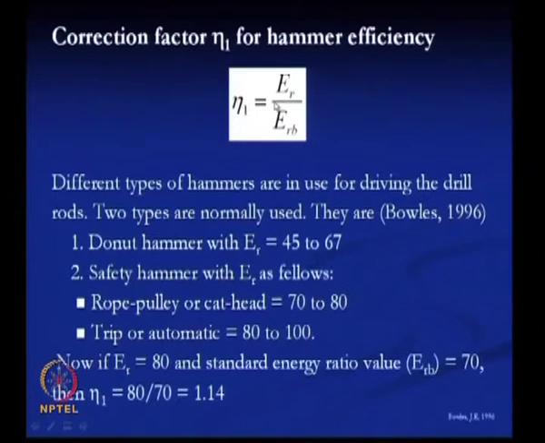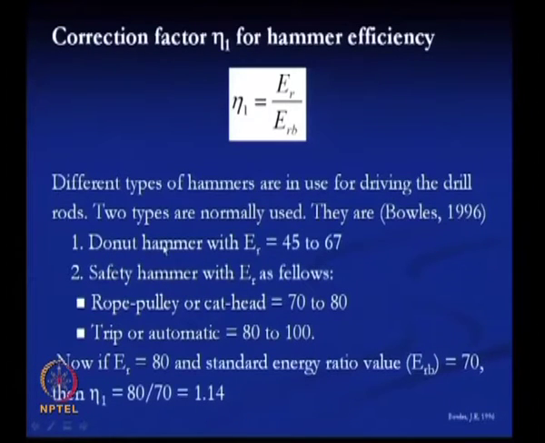The first correction factor is represented as the ratio of ER and ERB, where ER is the energy ratio and ERB is the standard energy ratio. Depending upon the type of hammer, this ER value varies. Generally, two types of hammers are used: one is the safety hammer and the other is the donut hammer.